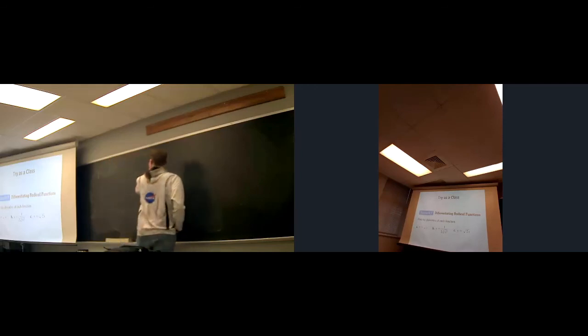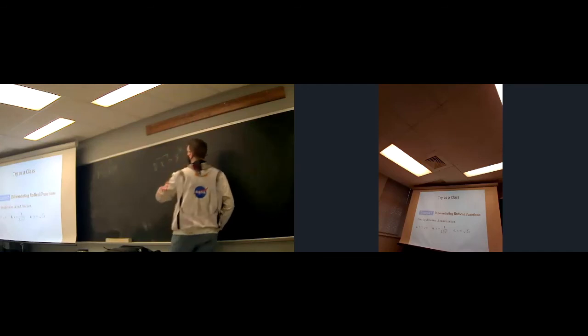Agreed? Anytime we have the nth root of x, this is equal to x to the 1 over n, right? So what we're going to get then is that this thing is equal to 1 over 2 times x squared to the 1/3 power.